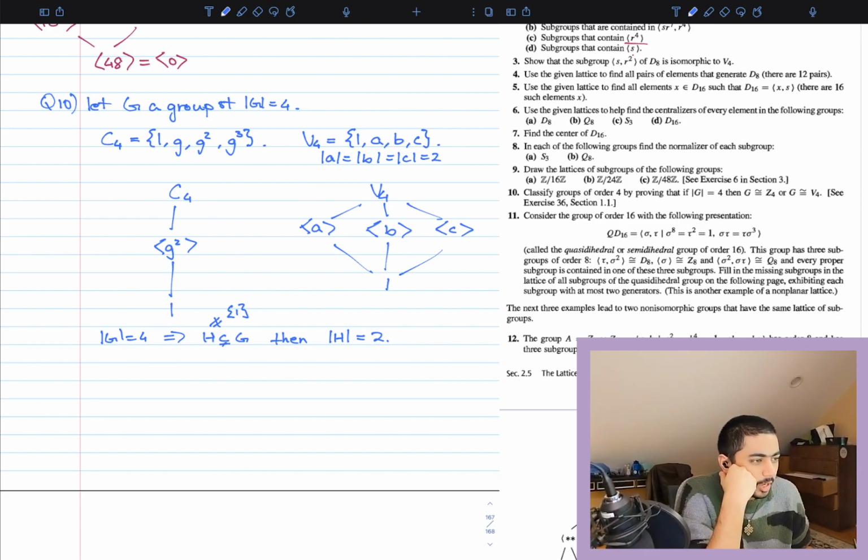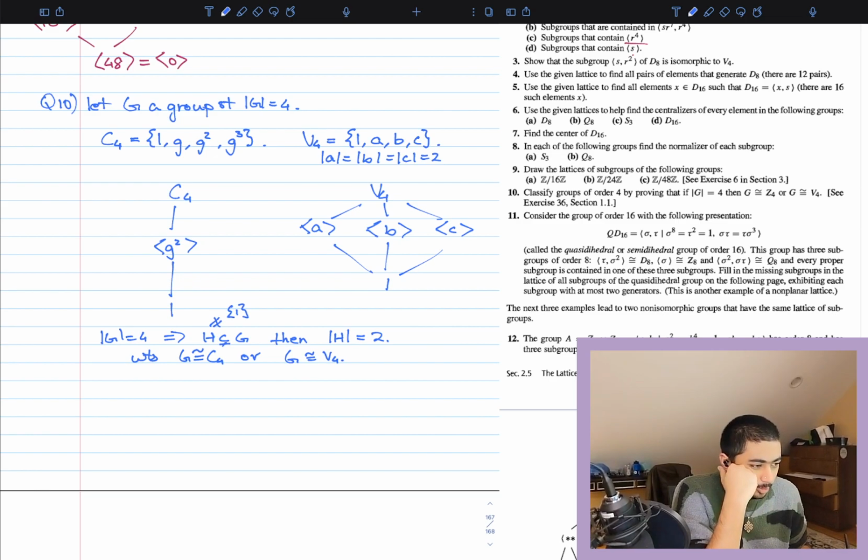So we want to show that either there's just one subgroup of size 2, or that there are 3 subgroups of size 2, right? So we want to show that G is either isomorphic to C4 or that G is isomorphic to V4.